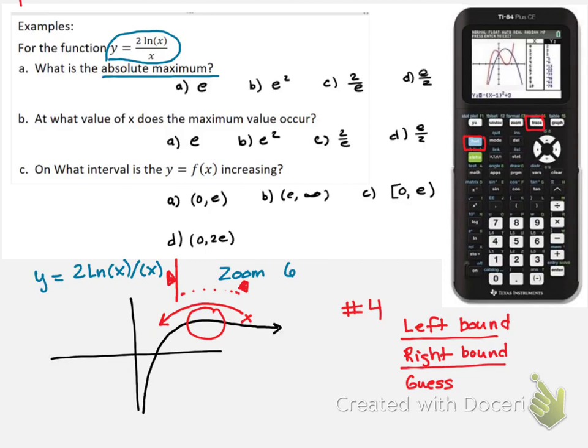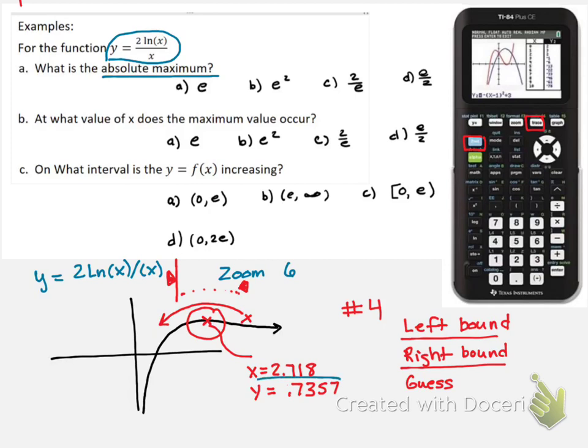When I do that, it shows up about here on my graph, and it gives me an x equal to 2.718 and a y of 0.7357. And so the question is, which one of those is the maximum?